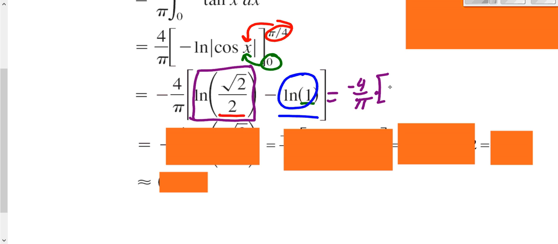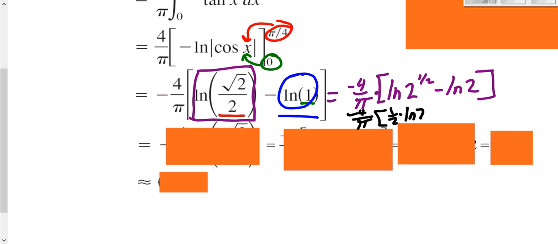It's really the natural log of 2 to the 1/2 minus the natural log of 2. Because remember, with two things divided inside your log, you can go ahead and do log of the top minus log of the bottom. So then we can go ahead and put that 1/2 in front. Now these are like terms because they're both natural log of 2.